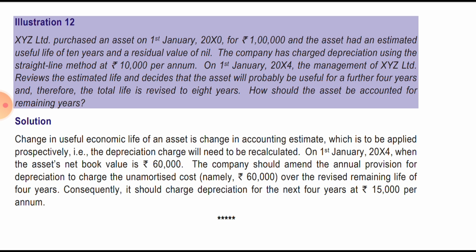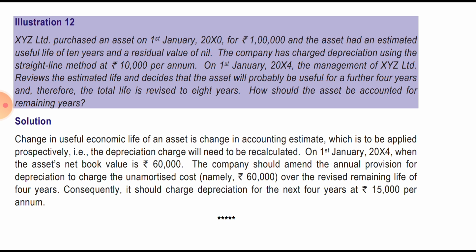The change in the economic life of an asset is a change in an accounting estimate which is to be applied prospectively. Change in the economic life of an asset, from 6 to 4 years, is a change in an accounting estimate which is to be applied prospectively. That is, the depreciation charge will be recalculated on 1st Jan 14, when the asset net block value is 60,000.